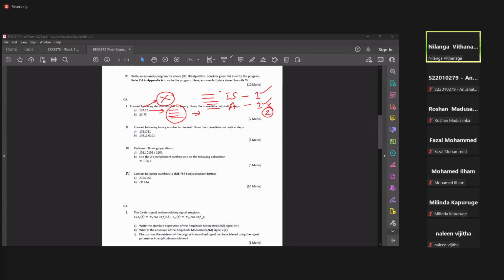So always write the intermediate steps, right? I will discuss few things. I will explain how to calculate these things as well. Normally students get 20, at least 18 marks for these questions, because it is straightforward, right?